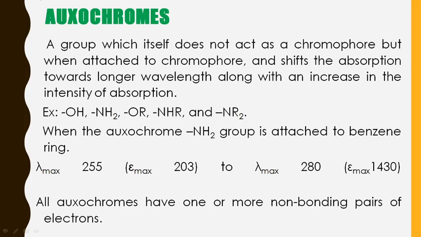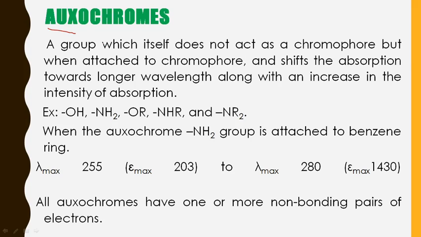Next one is auxochrome. An auxochrome itself may not give color to a compound, but when it is added to a chromophore, it intensifies the color of the compound. Generally, an auxochrome is not a colored compound.